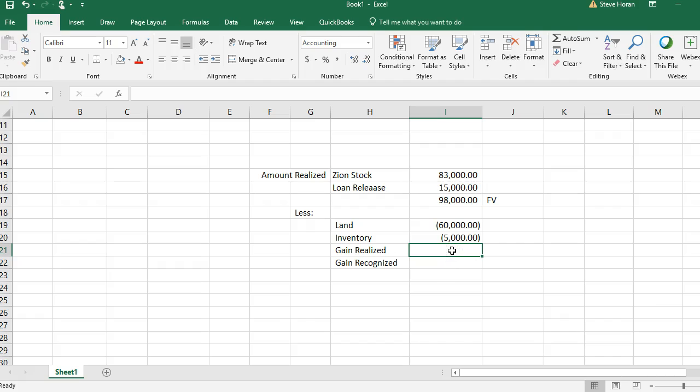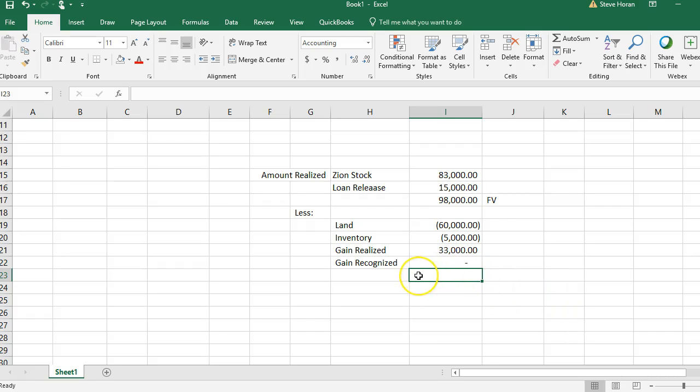Then I take the sum of 98, the fair value, minus the basis, and we get a realized gain of 33. And of course, its recognized gain is 0 because this does qualify for Section 351. She immediately receives back 100% of the stock of the company. She has control. This qualifies.